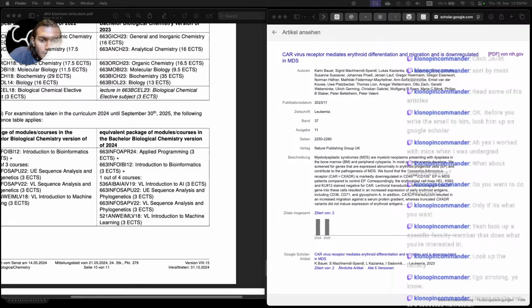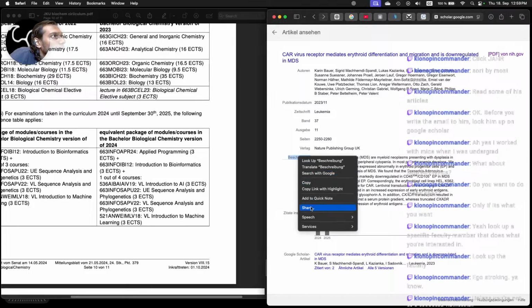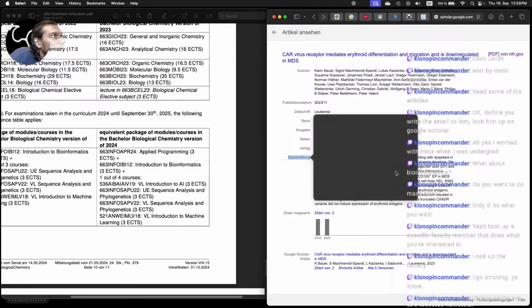Myelodysplastic syndromes are presenting the disease flash. I believe that's overview. Description, yeah.